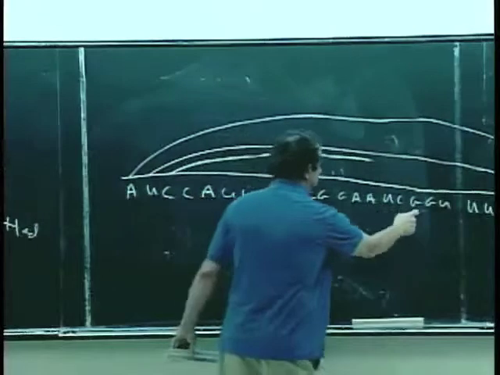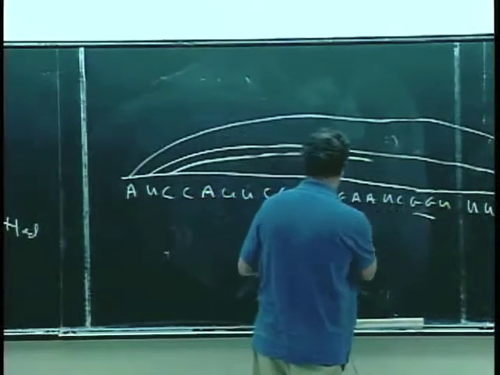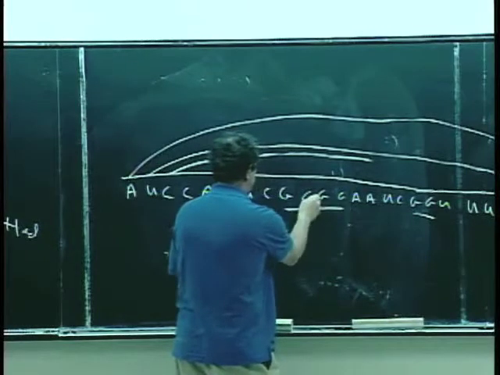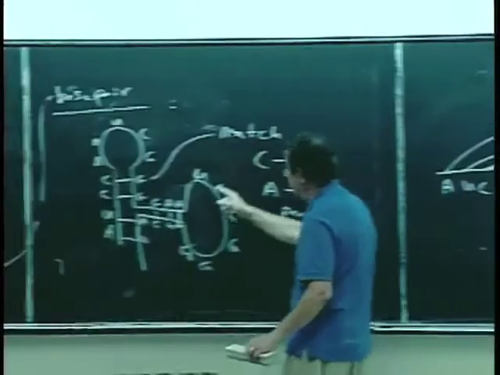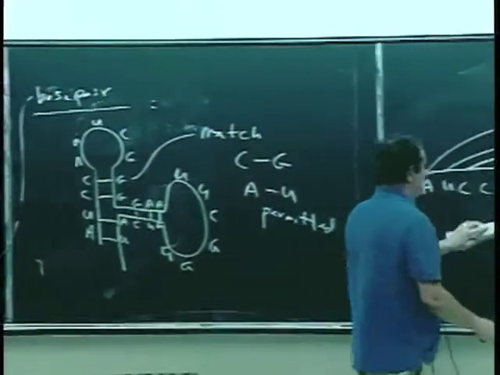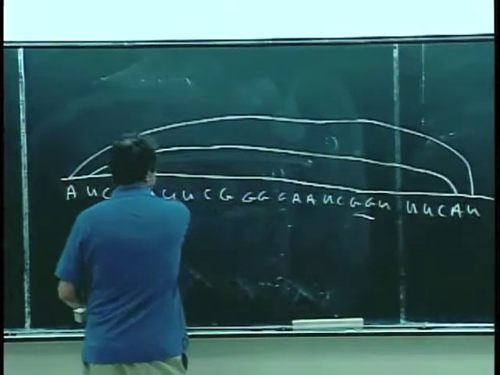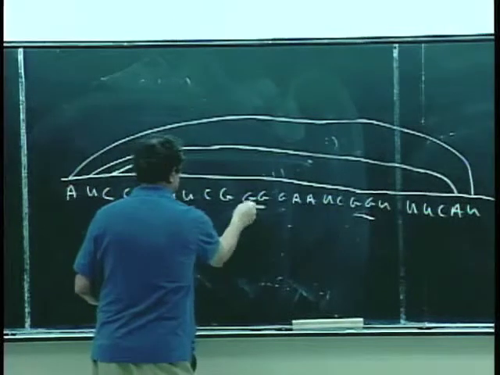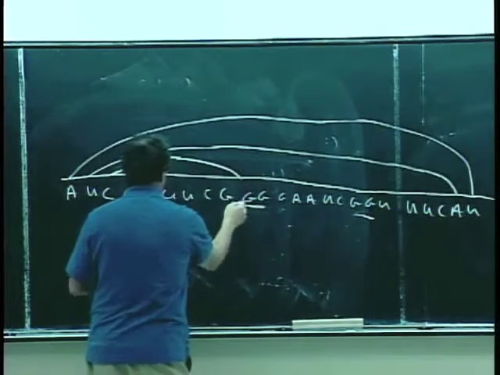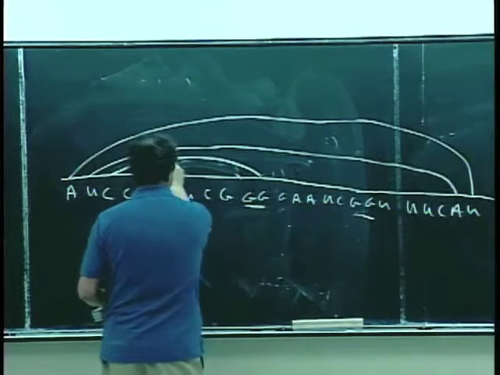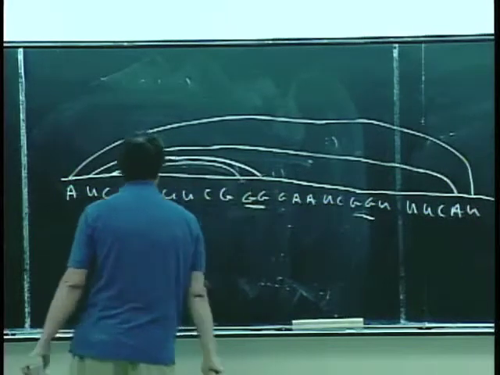Right here? Yeah, 4 G's next to each other. And these were the middle two. C matching the middle two. C matching G, C matching G. Okay.